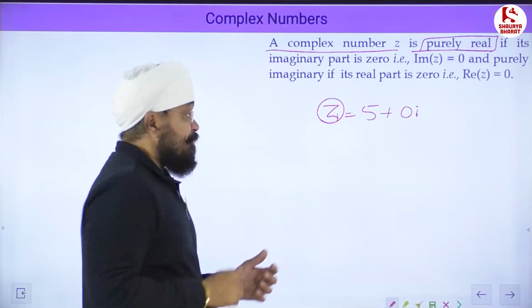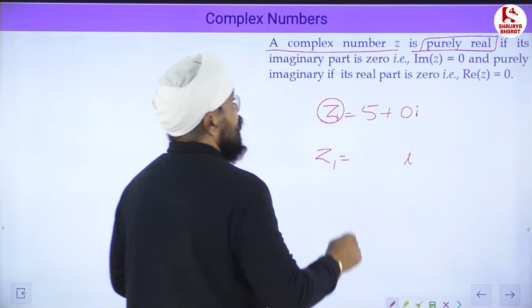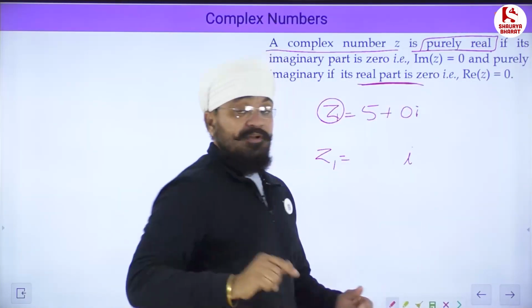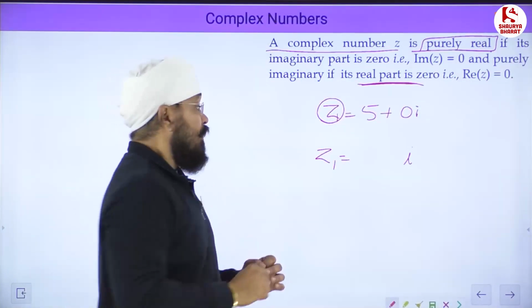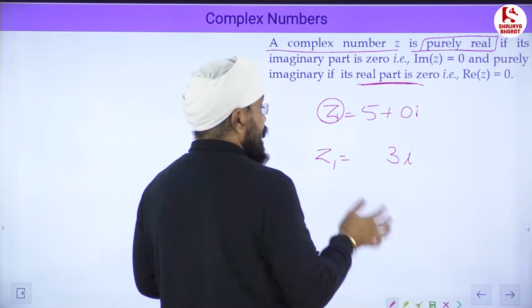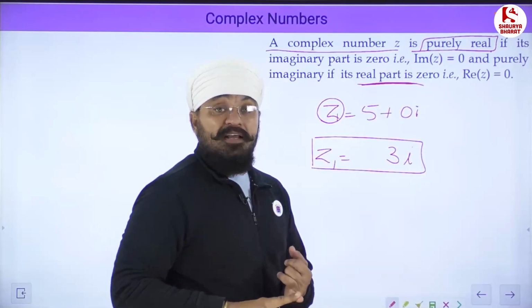In the other way, if a complex number contains only the iota term, it is known as purely imaginary, because the real part of the complex number is 0. For example, 3 iota has nothing written with it, so we can write the real part as 0, and this complex number is called purely imaginary.